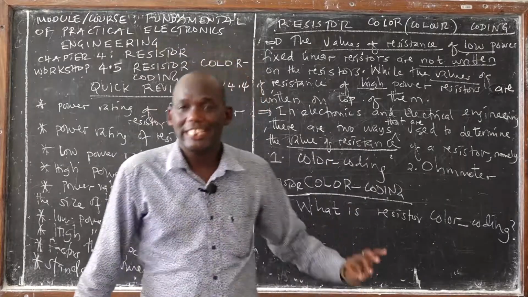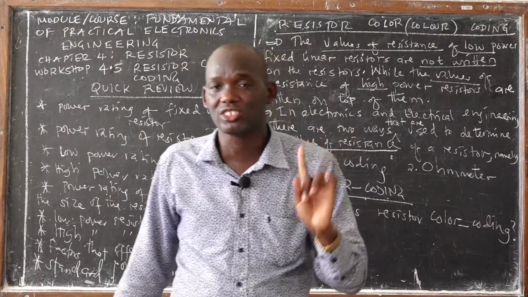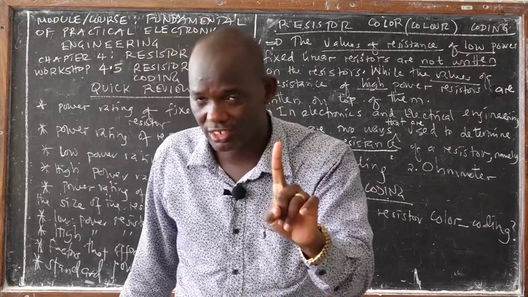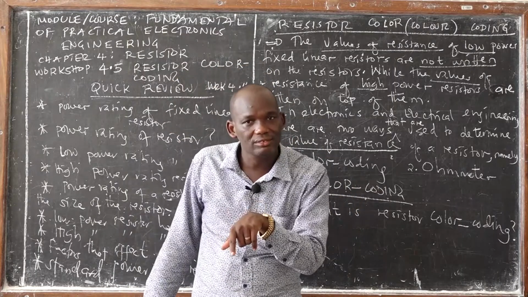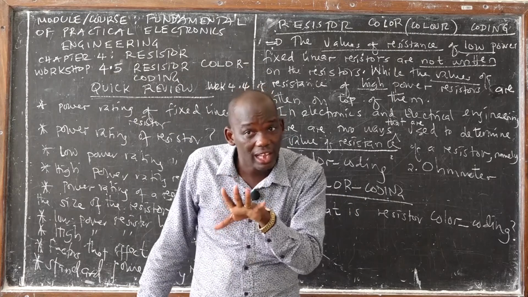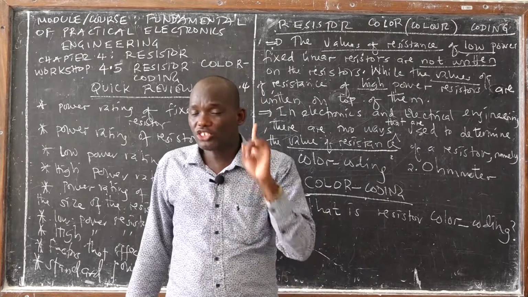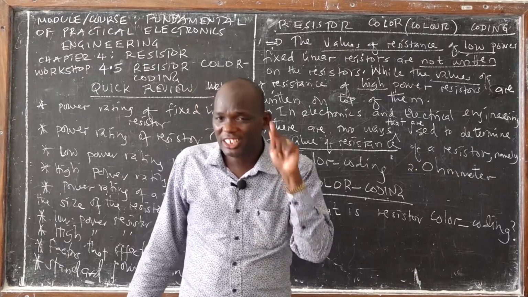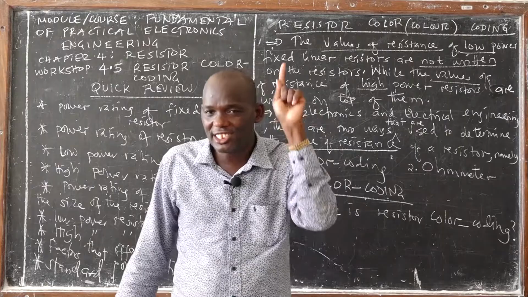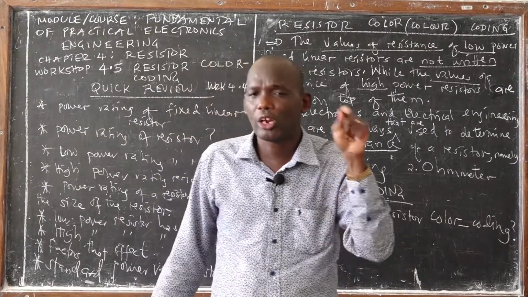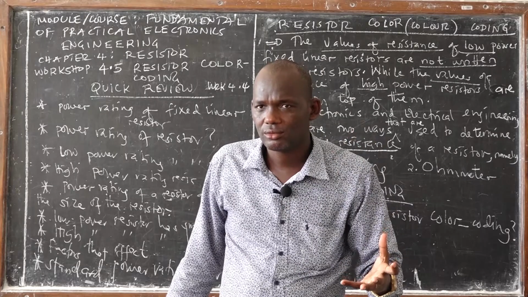But remember that color coding deals just with the measurement parameter of the resistor called resistance. It does not deal with the power rating. Are we together? Let me repeat. The concept of resistor color coding will teach you how to find or calculate the resistance of low power resistors by using the color bands. Are we together?